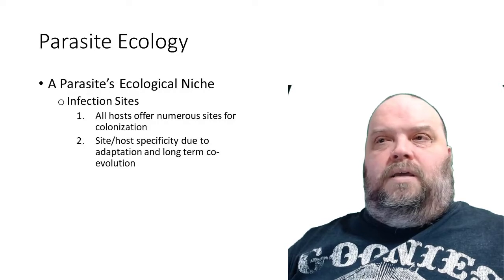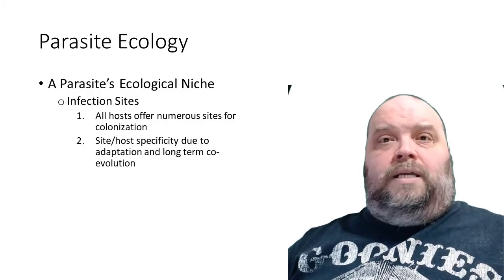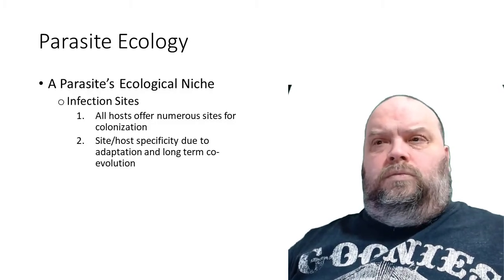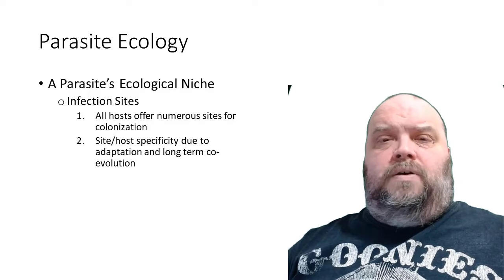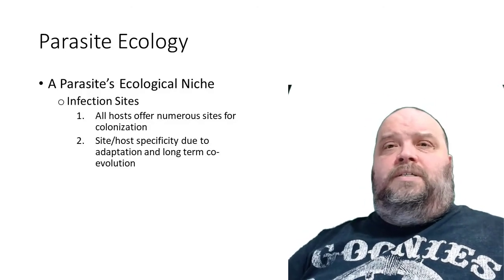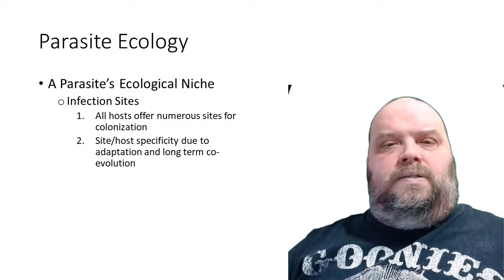Maybe one of the hominids, maybe Homo erectus or one of those, ate something new. Well, then that something new was a parasite it's never been exposed to before. Well, there you go. That parasite is now on its way to colonizing Homo erectus.